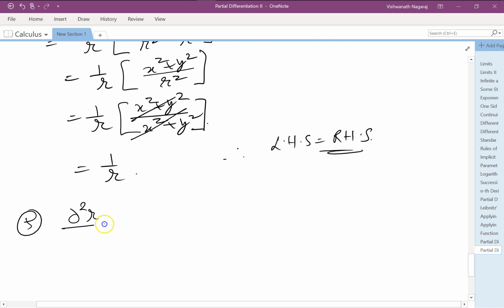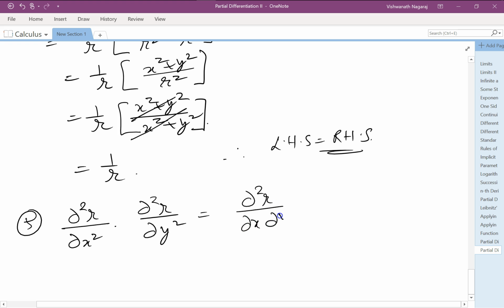Dou square r by dou x square times dou square r by dou y square. We have to show that it is equal to dou square r by dou x dou y the whole square.